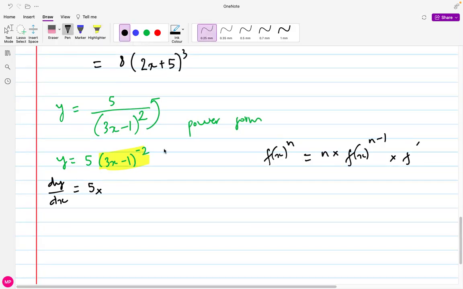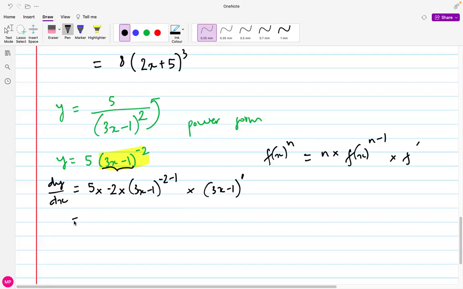So n is −2, so bring −2 down, times f of x, which is (3x − 1), to the power of −2 minus 1, and then times by the derivative of 3x − 1.